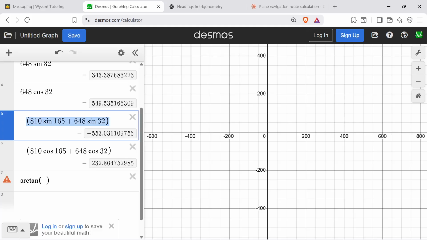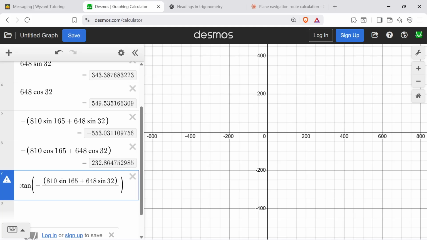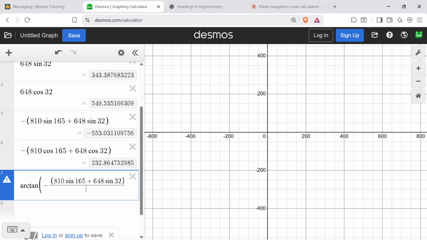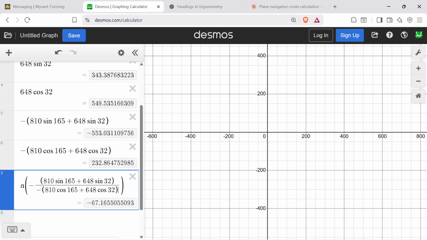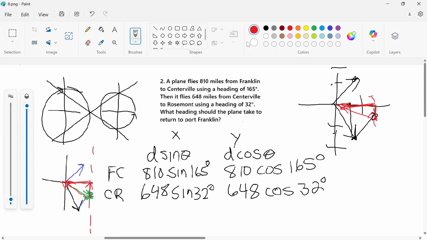I put this on top and divide, and put this on the bottom, making sure there are two negative signs in there. And I get negative 67.165 and change.